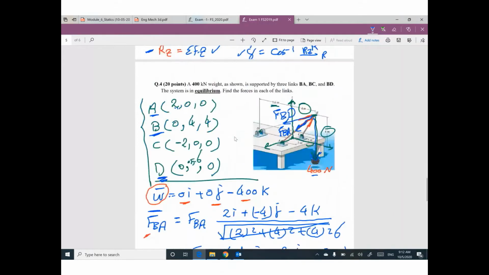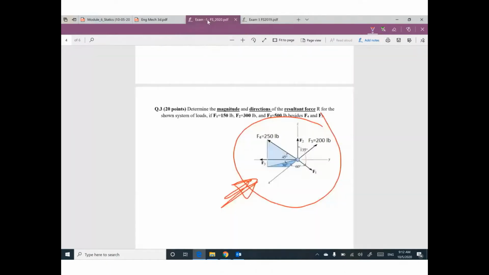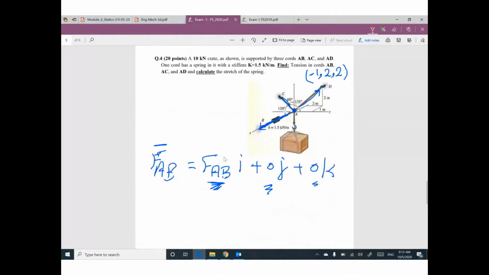This one is harder than this one. This one is very easy. You have a force in X. You have another force with alpha, beta, gamma. And you have another force with two points. What is the coordinate here?